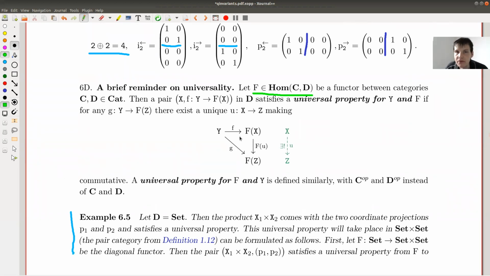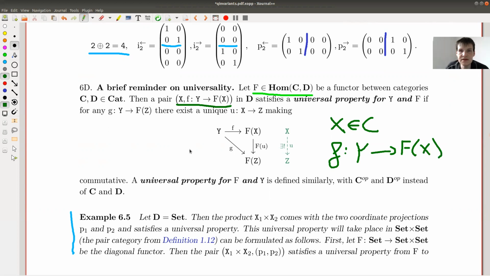Okay, good. And a universal property with respect to f is basically you have a pair. You have a pair of an object x, and x is from C, and a morphism f. And f goes from some object y to f of x. Okay?